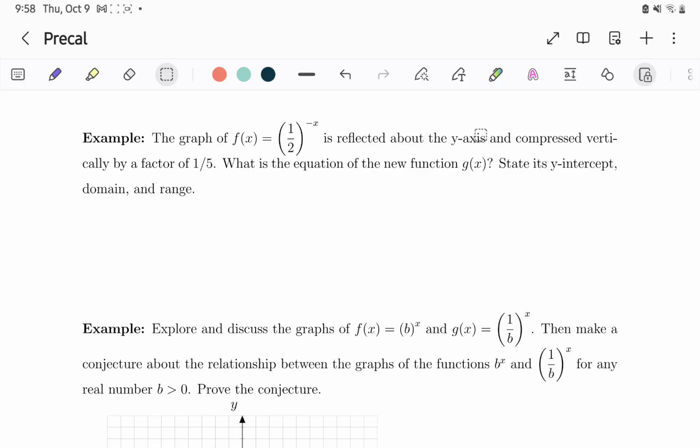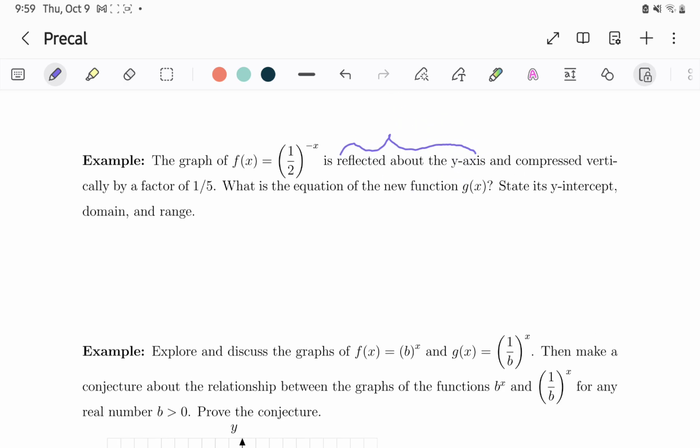Okay, so since f of x is reflected about the y-axis, this is going to correspond to the transformation of f given by f of minus x.